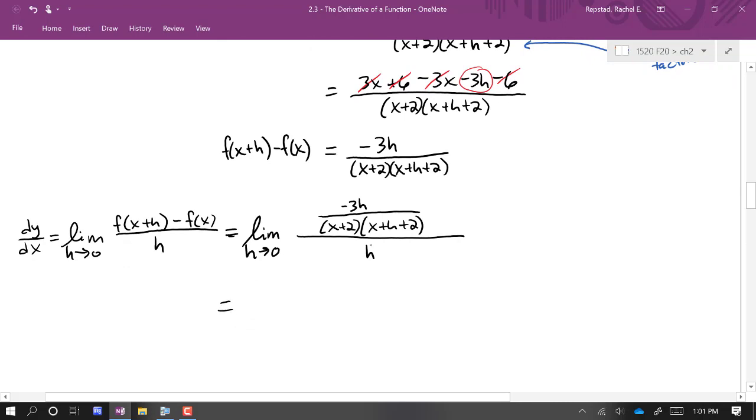Now dividing by h in the bottom here is the same as multiplying by 1 over h. So that's how I'm going to write it.